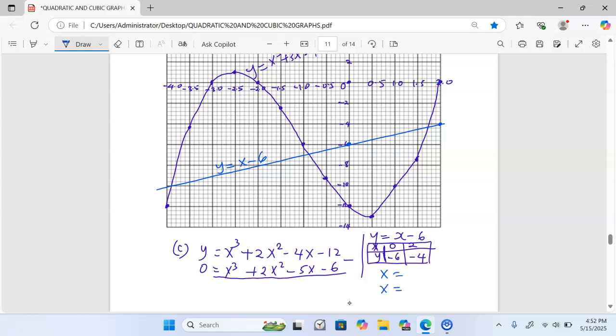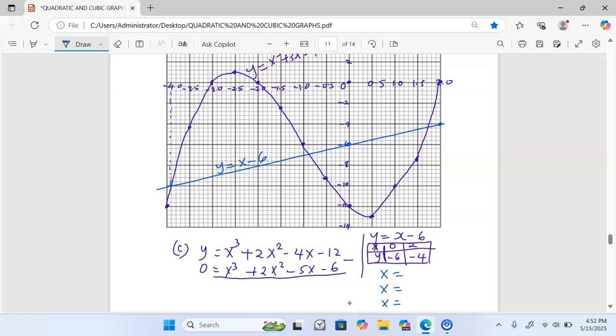So we need 3 values because these are cubic graphs. We are going to pick our value here, and of course we have to move towards the x-axis for us to read this particular point. So you must always show how you have picked your point from the graph.